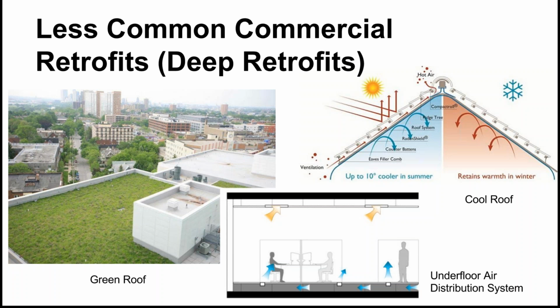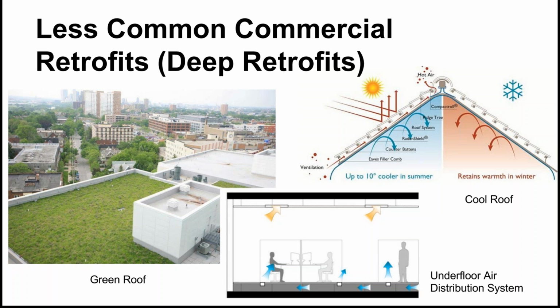So another system that, again, would involve more than just a basic retrofit because it involves somewhat changing the structure of a building is an underfloor air distribution system. So as Karen mentioned, hot air rises, but we tend to have these buildings where we're pumping hot air out of the ceiling level down to people on the floor. A lot of that air is never even reaching as far to the floor as we want, or we're having to pump a lot more of it because it's rising back up.